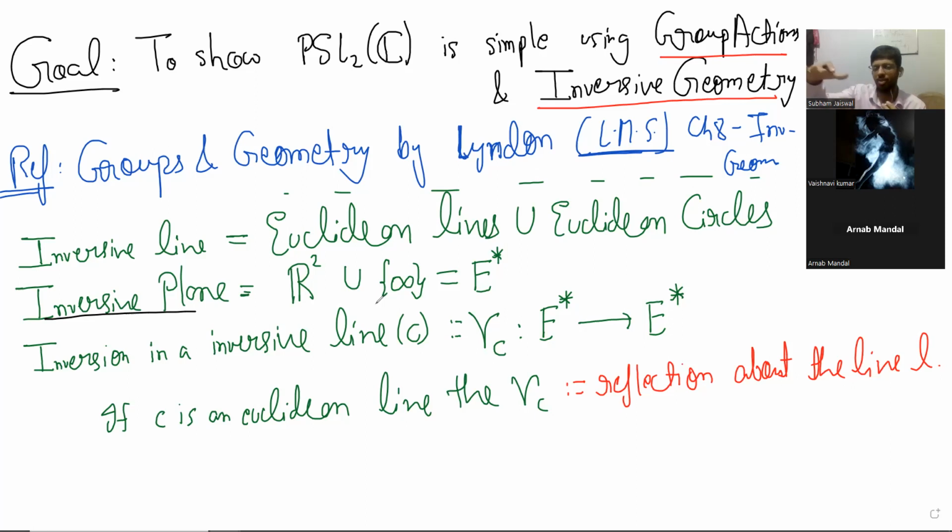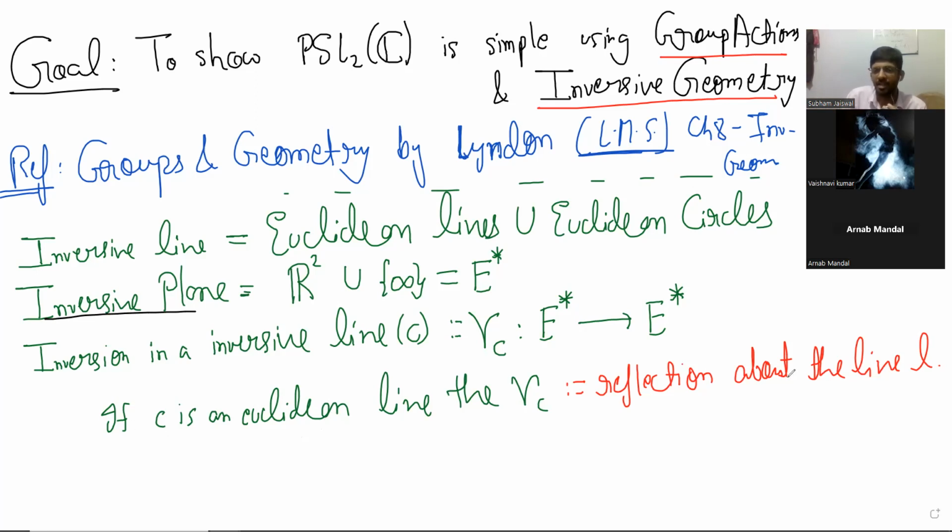You can imagine R² and just imagine that there is a point very, very far away. I could say more, with a topology and so on, but it's not needed. Just imagine that it's a point.